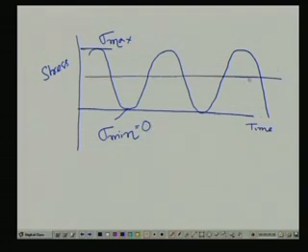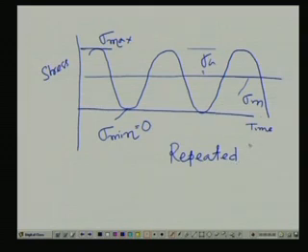Again we can have a mean stress line, and as usual a stress amplitude sigma a. This type of stress we call repeated stress. So, this is also a repeated stress or repeated load.